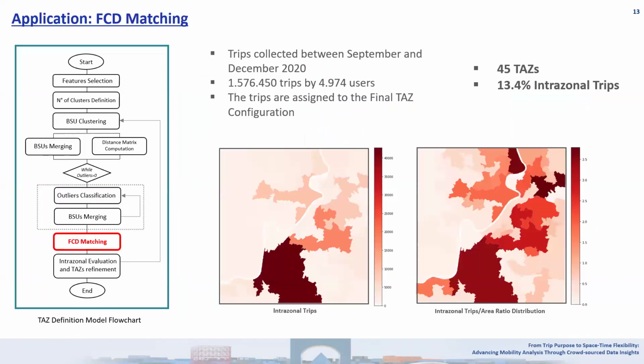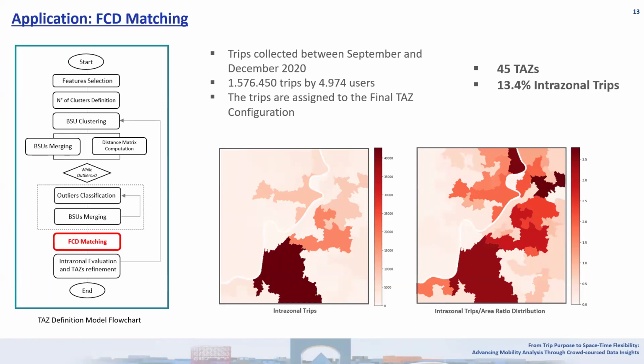The second part of this model is to evaluate how good this aggregation is. Firstly, we consider the percentage. We assign the floating car data trips, origins and destinations, to the newly found traffic analysis zoning system. And we evaluate whether, globally in the entire study area, the number of intrazonal trips over the amount of trips that have a destination in the area surpasses a certain threshold.